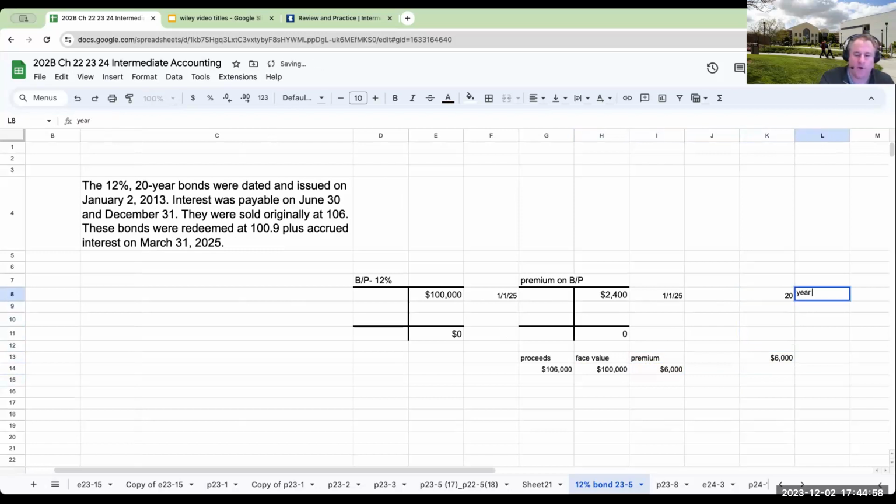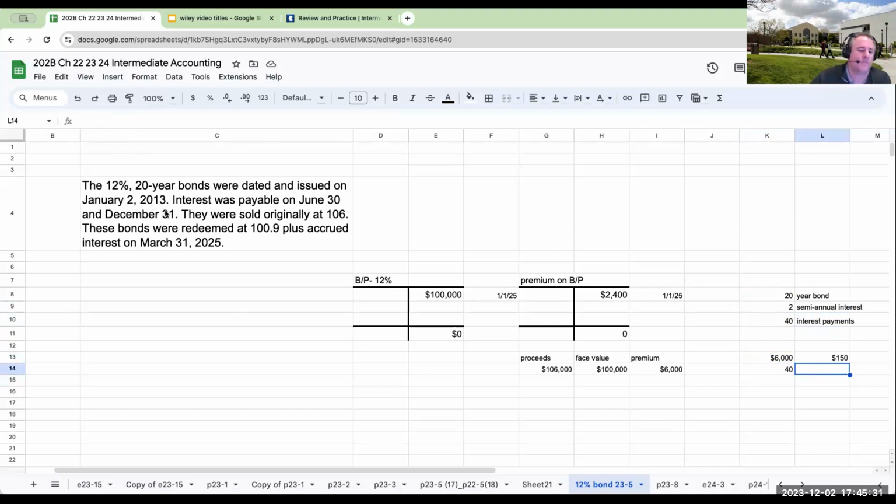If it's a 20-year bond and we're paying interest twice per year, I'm going to have a total of 40 interest payments. So I'm amortizing this premium every time I pay interest by 150.